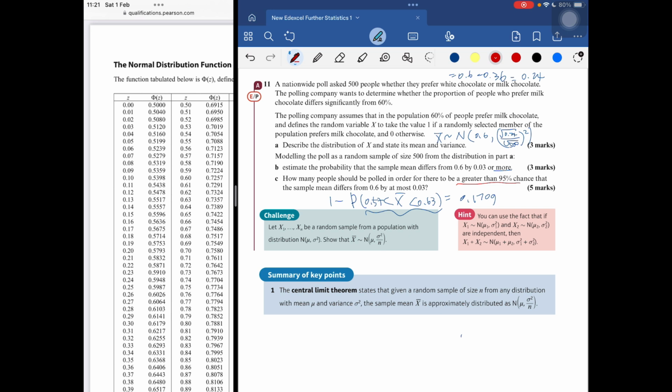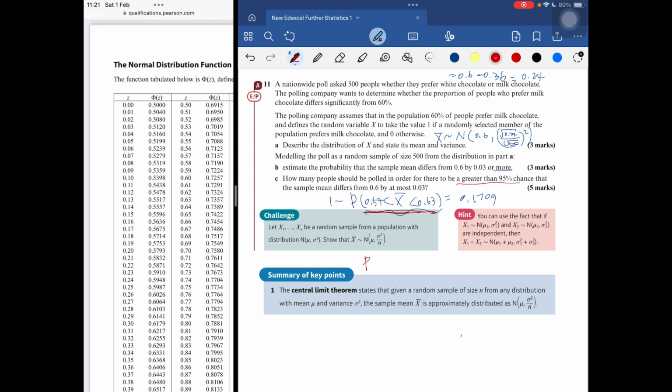So just now I calculated differing from 0.6 by 0.03 or more. But now this question, number C, is differs from 0.6 by at most 0.03. At most, so it is asking about this one.